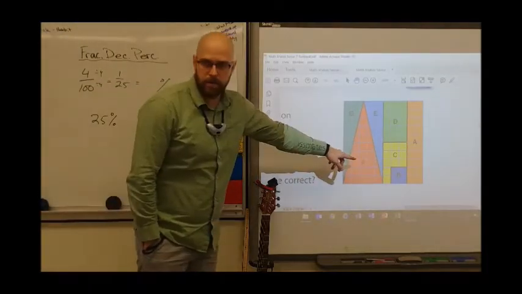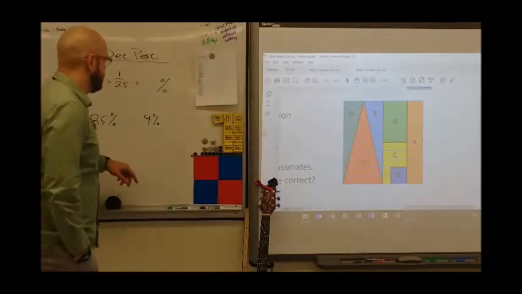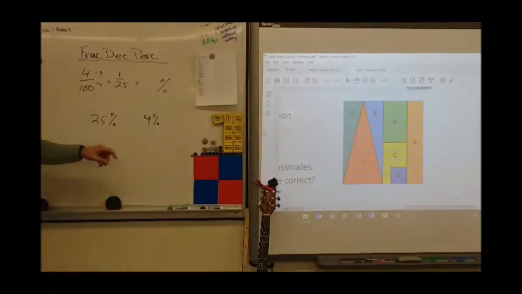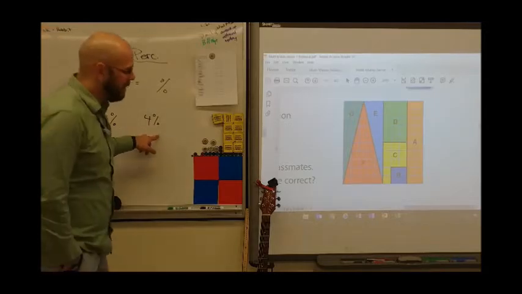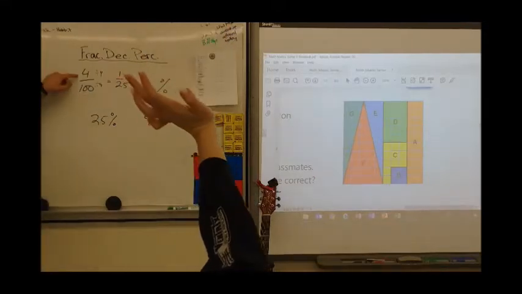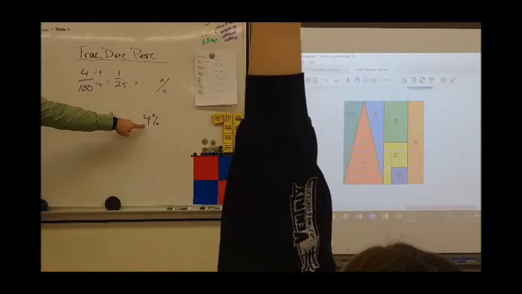So we want 4%. Why is it 4%? Percent is out of 100. We have 4 hundredths right there. Why isn't it 25%? Is 1 a quarter of 25? No. This means 1 out of every 25 squares. So that means 1 for every 25 other ones.